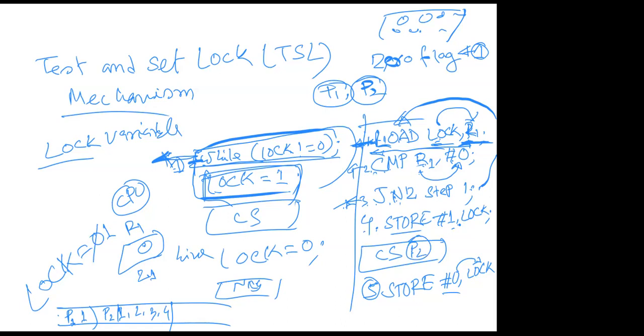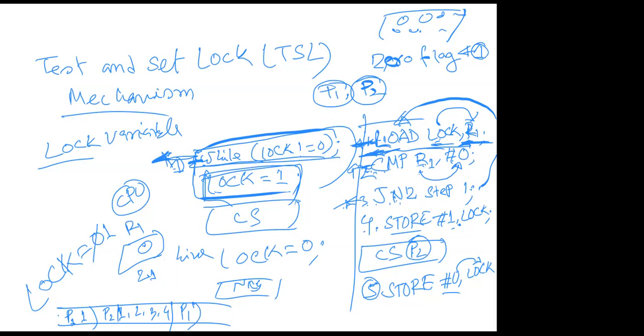Now let's say P1 is scheduled again by the operating system. It will start again from line 2, since it was preempted after the first line.